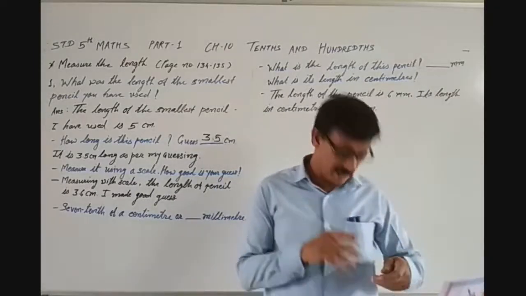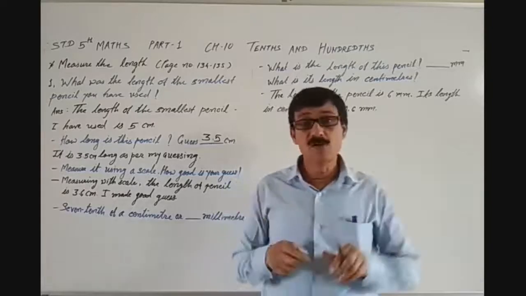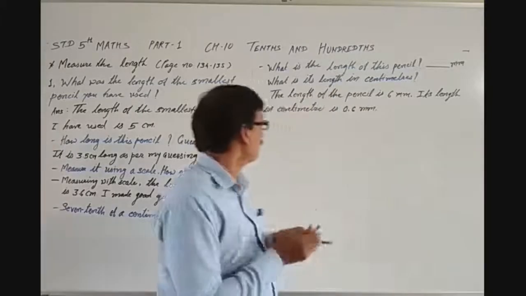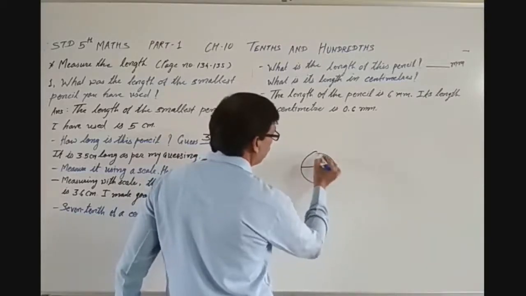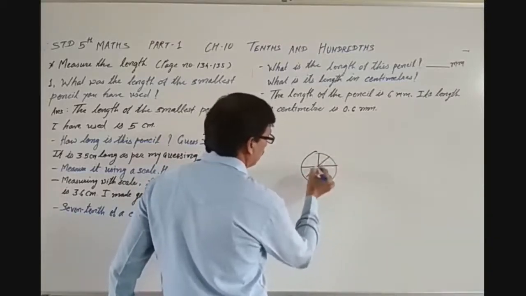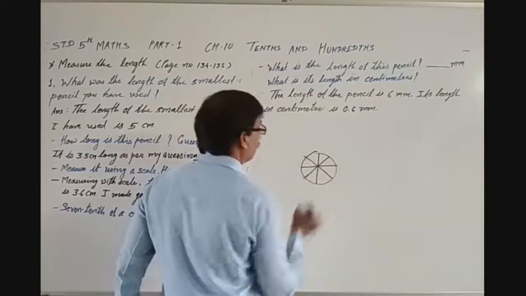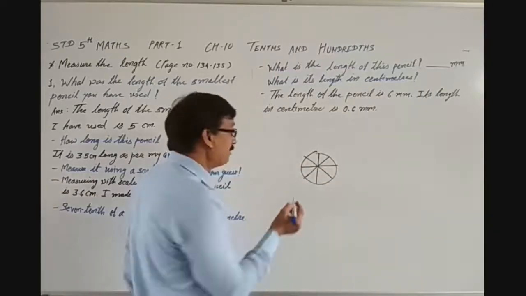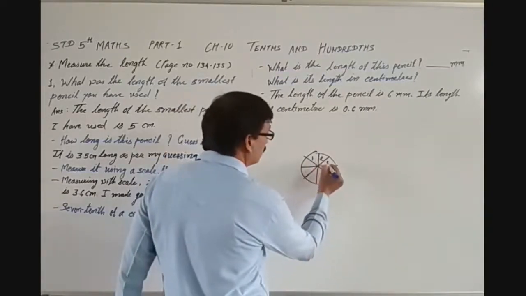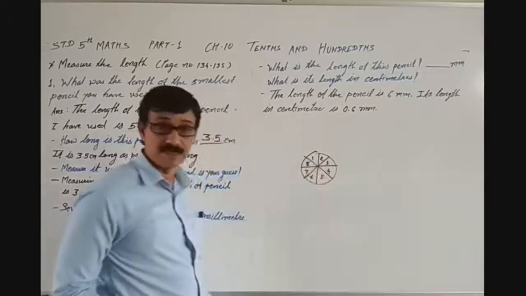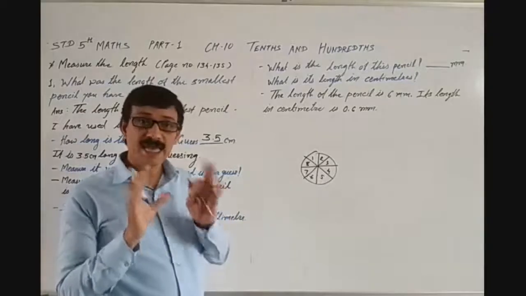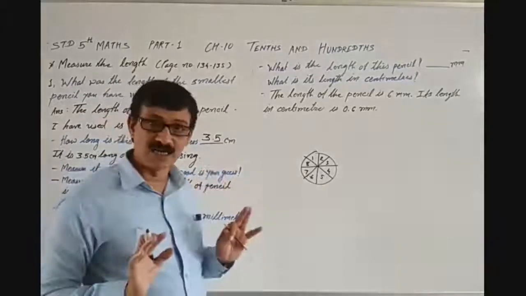You know this actually. You know, with the help of circle, suppose there is a circle. And suppose, how many parts I have? 1, 2, 3, 4, 5, 6, 7 and 8 parts are there, isn't it? So total 8 parts is equal to 1 circle.